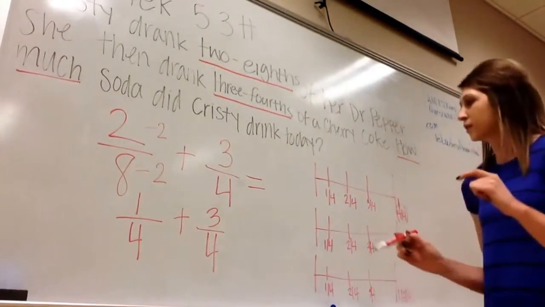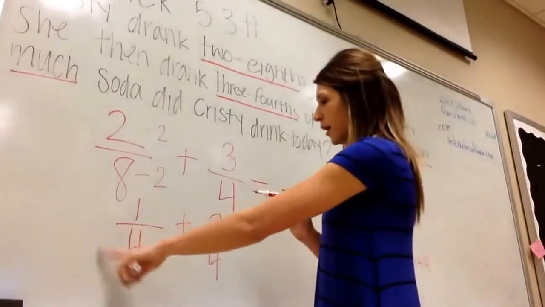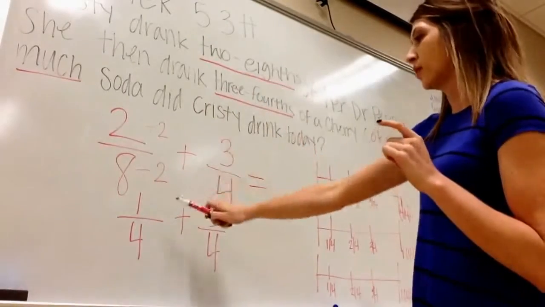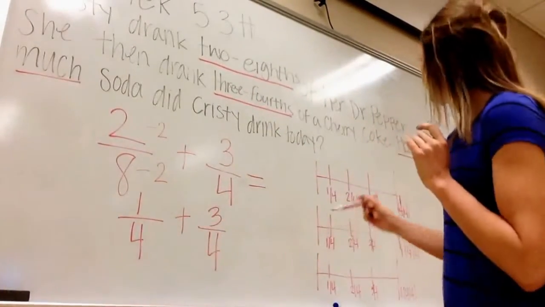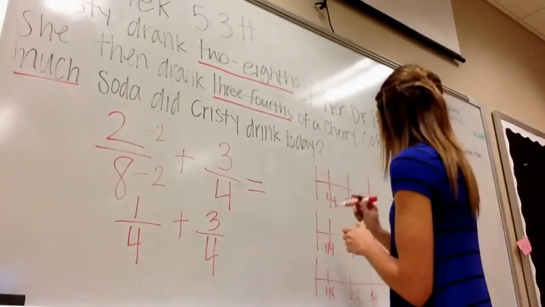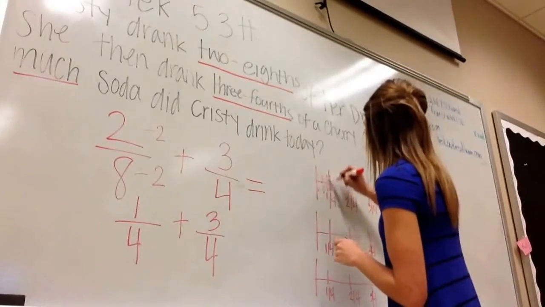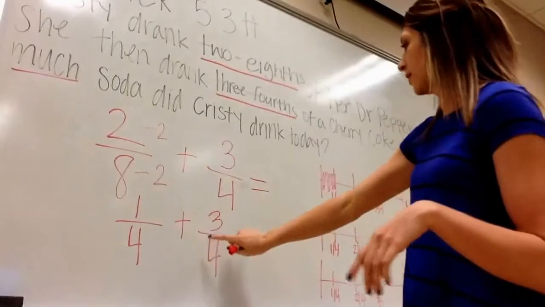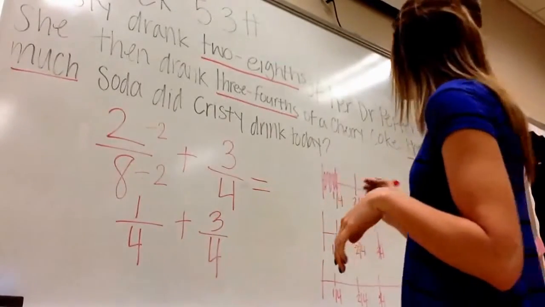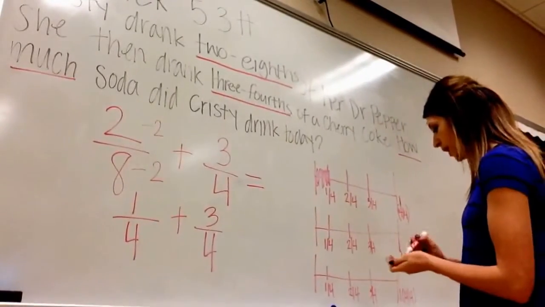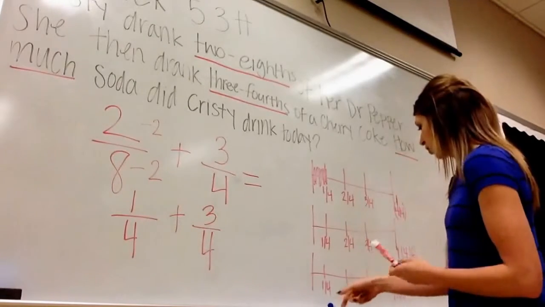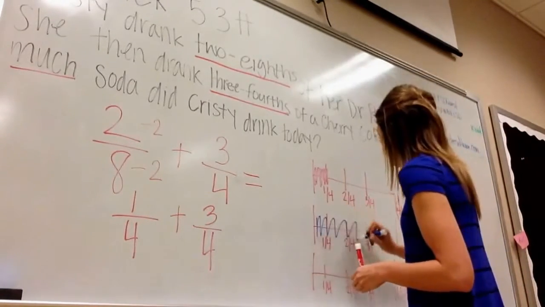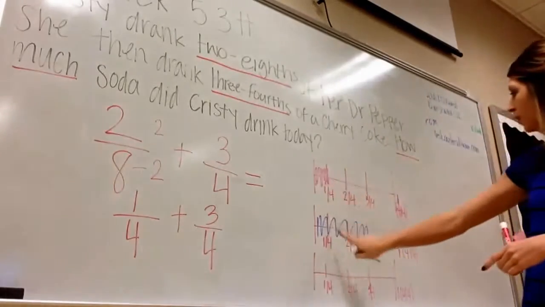Okay, so let's look at our first fraction right here. She drank 2/8, so we simplified to 1/4, so she had 1/4 of Dr. Pepper. I'm going to shade that in right here, the 1/4. And then she had the 3/4 of her cherry Coke. I'm going to use a different color to show that on this model right here. 3/4, so we have 1/4 and then the 3/4.